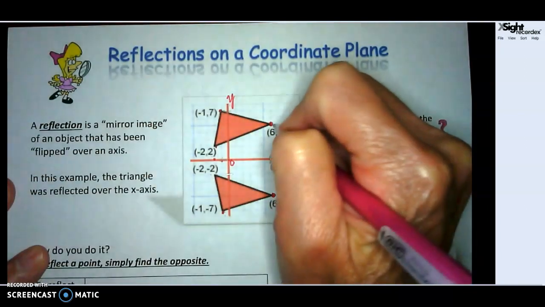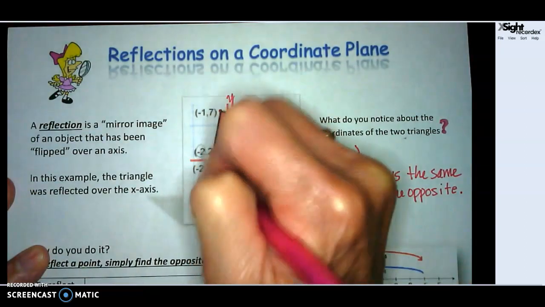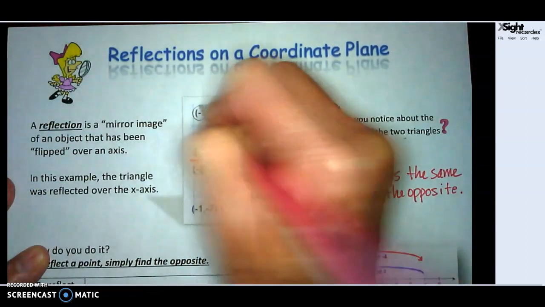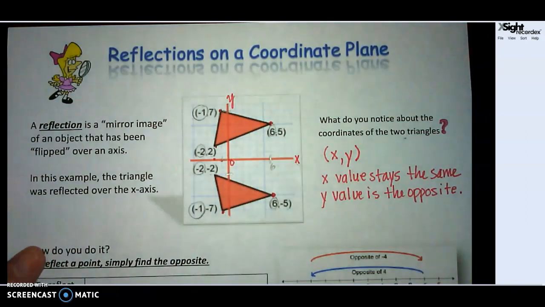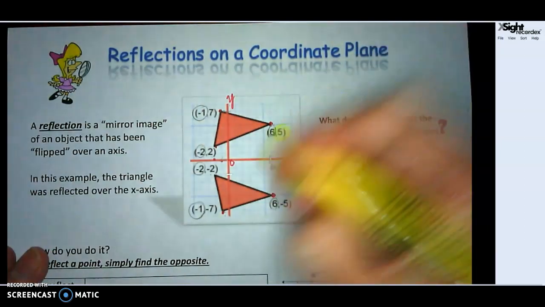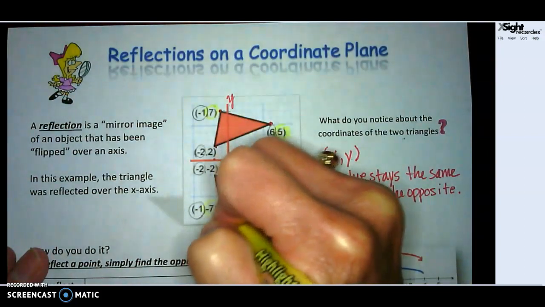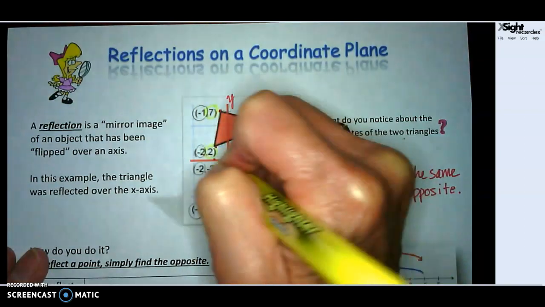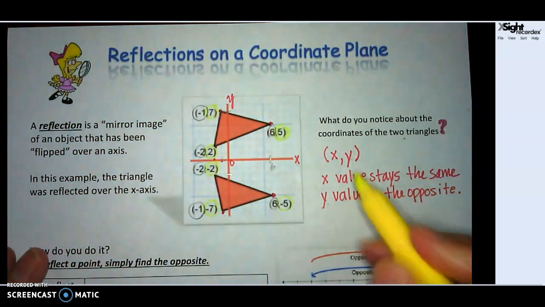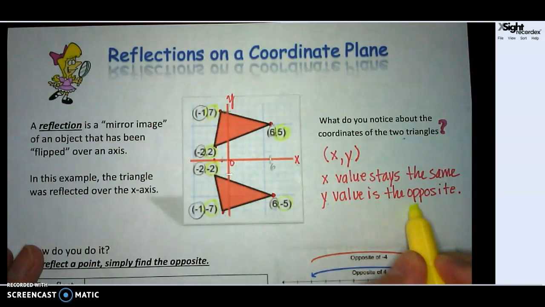The x values, 6, 6, -2, -2, -1, -1, stay the same. But the y value is what changes. This is 5, -5, 7, -7, and 2, -2. So what happens to reflect? The x value stays the same, but the y value is the opposite.